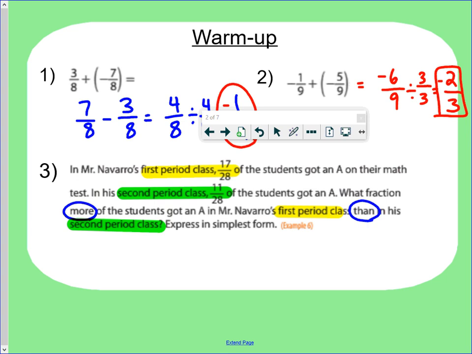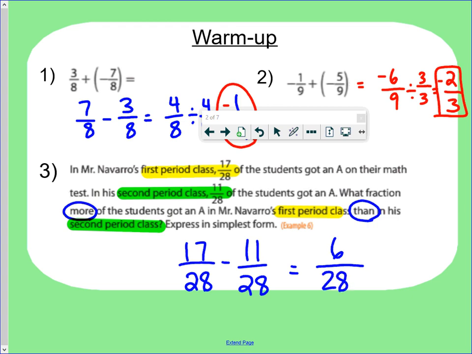So 17/28 minus 11/28, the denominators are the same. So we keep our denominators the same and just subtract the numerators. And we get 6/28. They're both even, so we can simplify it down. We can divide it by 2, and we get 3/14. 3/14 more.